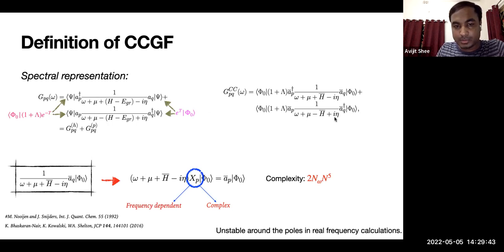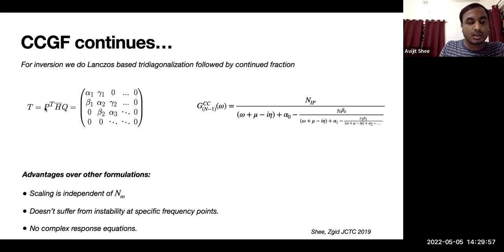So our primary objective is to invert this quantity. So what we do is that we tridiagonalize this H bar, and this tridiagonalization is given by this. And after we achieve this tridiagonalized form, we can carry out this inversion analytically by using the continued fraction formula.